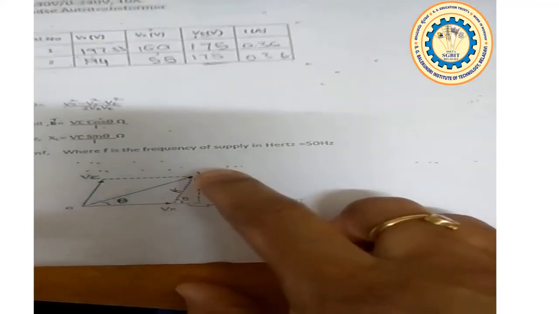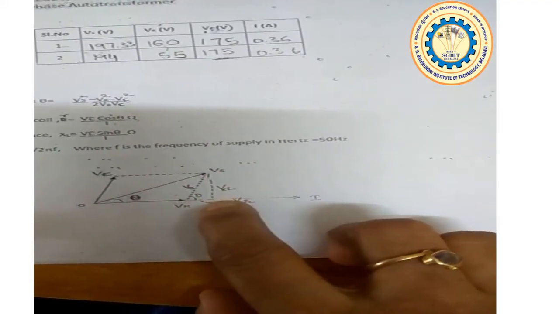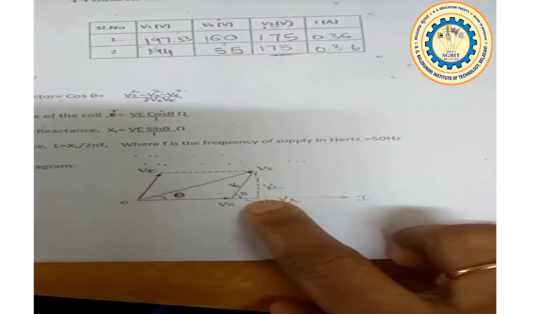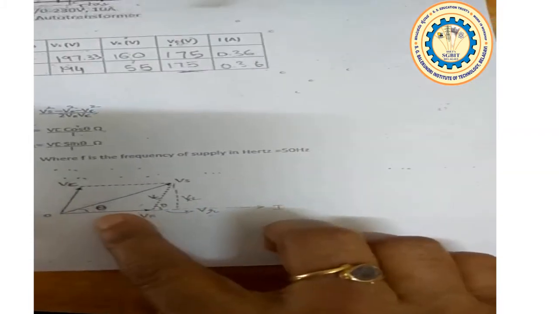One is VR, Vs, and this is small vr, and another one is O, Vs and Vr. So writing the Pythagoras theorem for both the right angle triangles and solving those equations, we can calculate L, that is the inductance, and R, that is the resistance for the given choke.